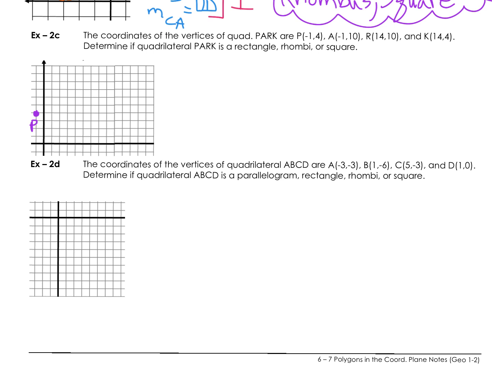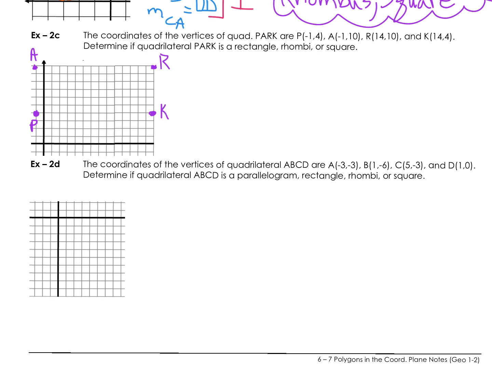And then A is -1, 10. So there's A. And then R is 14, 10, so to the right 14 and up 10. So that is R. And then K is to the right 14 and up 4.